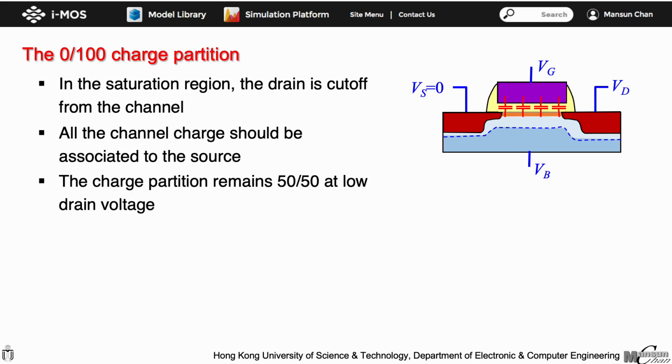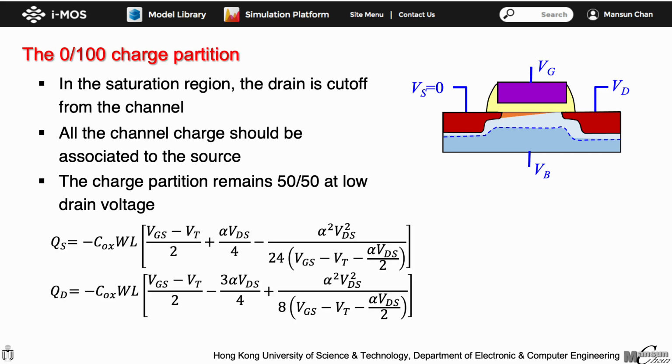To account for that, we can approximate the charge partition to change linearly with VD, from 50-50 at small VD to 0-100 when VD is equal to VDZ. By doing so, we can obtain the expression of QS and QD as given here, and their sum will be equal to QC.